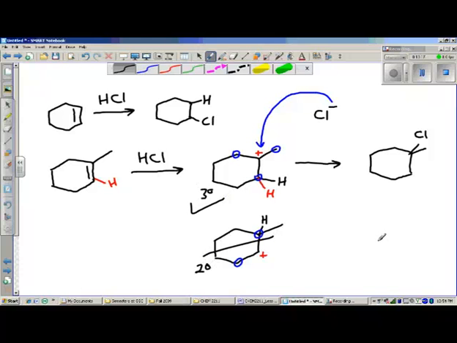And what that means is any possibility of this product with the chlorine going down here is essentially not going to happen, because we cannot get here in the first place. So we're always looking, when we have an unsymmetrical alkene, to form the more stable carbocation. Hopefully that makes sense to everybody.